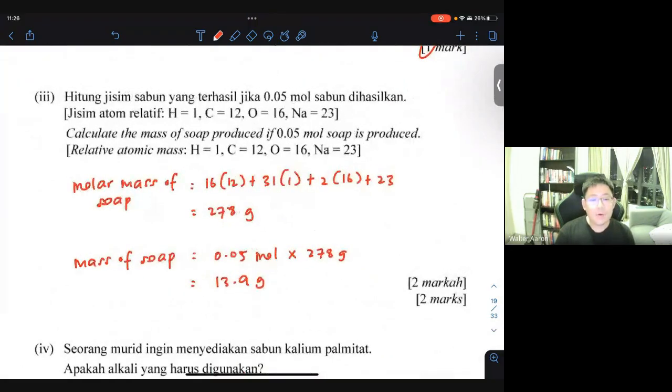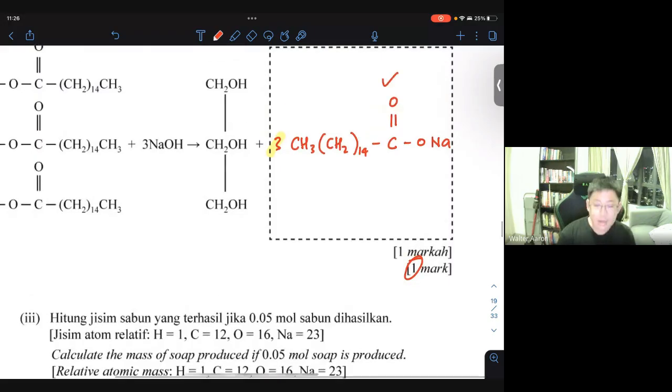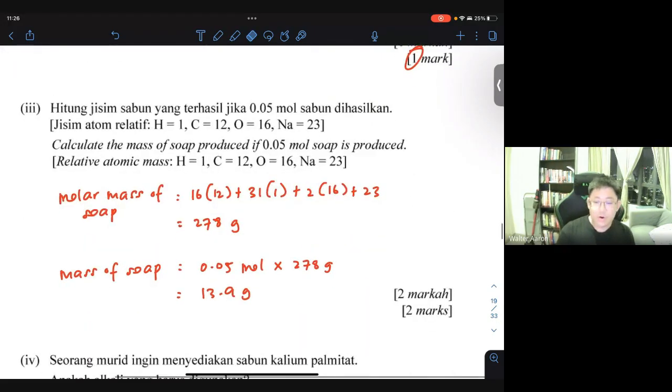Number 3, calculate the mass of the soap produced if 0.05 mole of soap is produced. To calculate the molar mass of the soap, you have to follow this structure over here. I did the calculation for you already. If you calculate all correctly, you should get 278 grams per mole for the molar mass of soap, which means 1 mole of the soap is 278 grams.